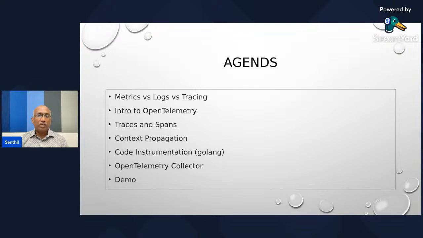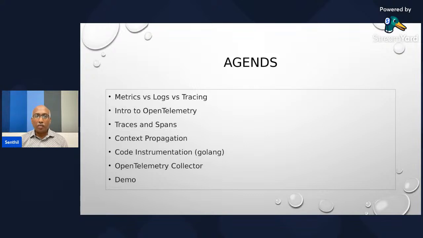I will cover some basic concepts about OpenTelemetry tracing, like traces and spans. And very importantly, there is a concept called context propagation, which is a fundamental concept that underpins distributed tracing using OpenTelemetry.